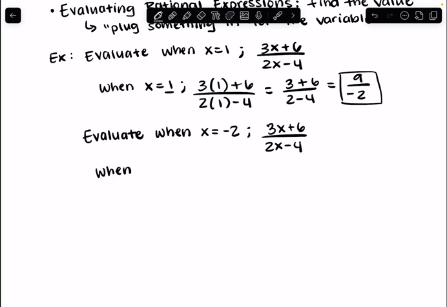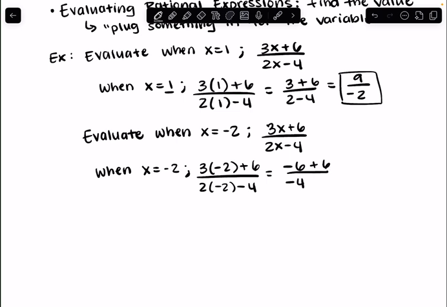So when x equals negative 2, you get 3 times negative 2 plus 6 over 2 times negative 2 minus 4. Okay, so again, multiplying everything on the top, 3 times negative 2 is negative 6 plus 6. 2 times negative 2 is negative 4 minus 4.